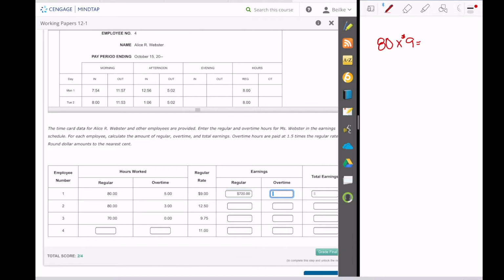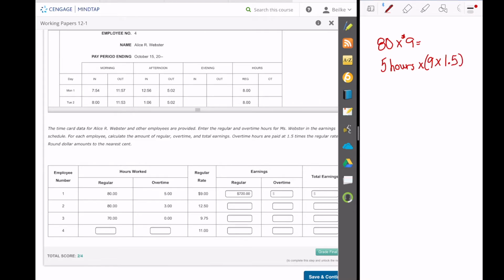Okay, so for overtime rate then, it would be overtime hours of 5 hours times 9 times 1.5.